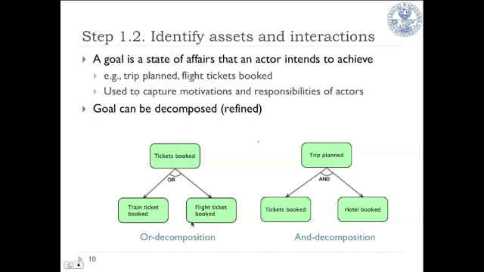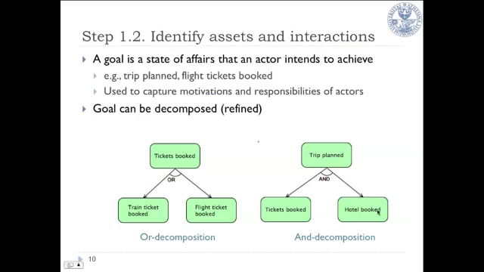The first one through order compositions, which captures alternative ways of achieving the goal, meaning that in order to have tickets booked, the travel agency would either book train tickets or book flight tickets. This order composition is under the assumption that the destination could be reached in both ways.